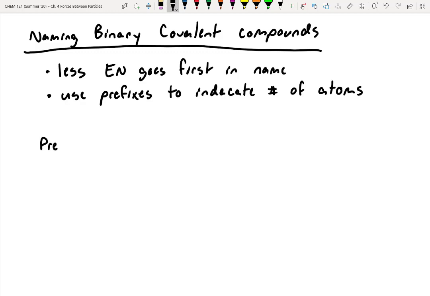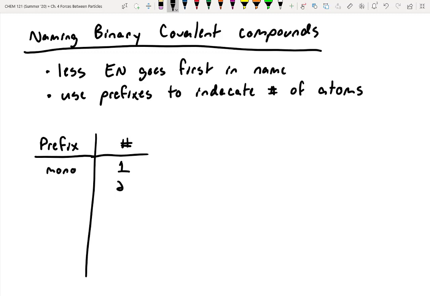So let's do prefixes here, and then numbers over here, and we'll make a nice little table. For one atom, it's just called mono. For 2 atoms, it's called di. For 3 atoms, the prefix is tri. For 4, it's tetra. Not quad.